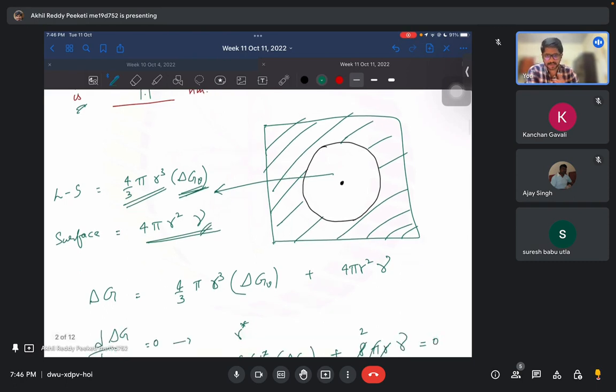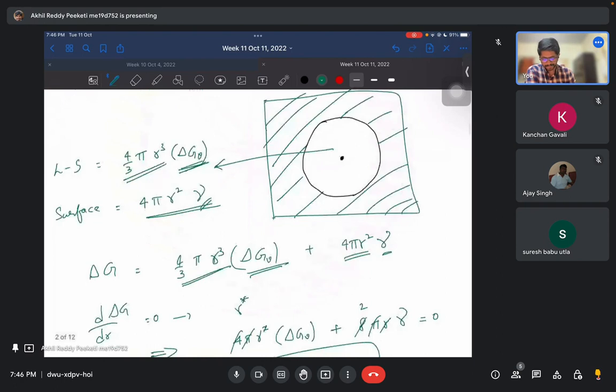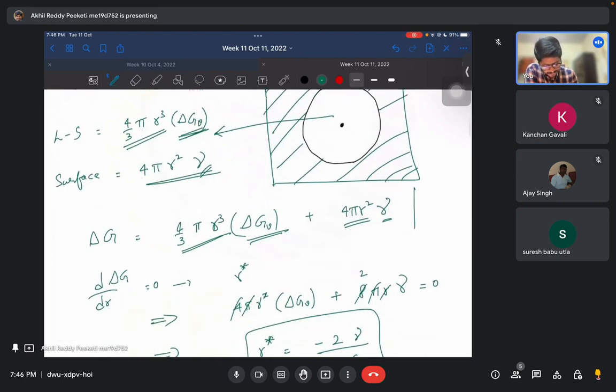So now there are two free energies. The total free energy would be the volume of the sphere times the volumetric free energy of conversion from liquid to solid, plus the surface area times the surface energy per unit area. This total free energy initially increases and then decreases. When it reaches the maximum, that is called the critical radius.